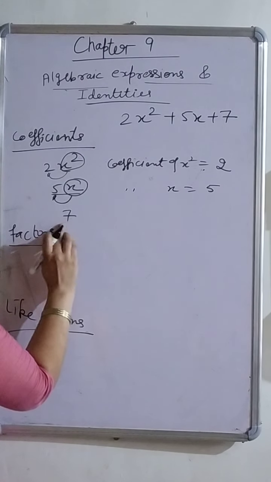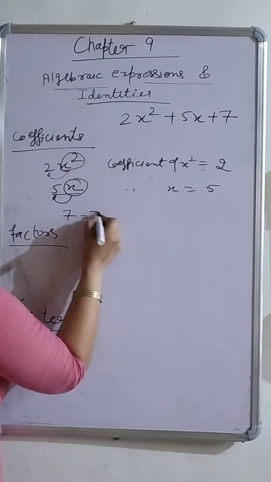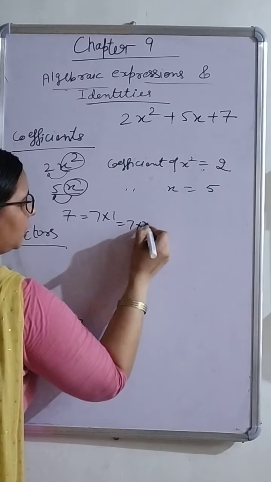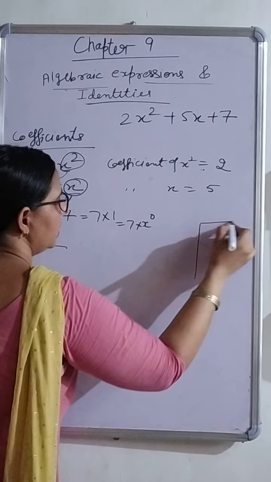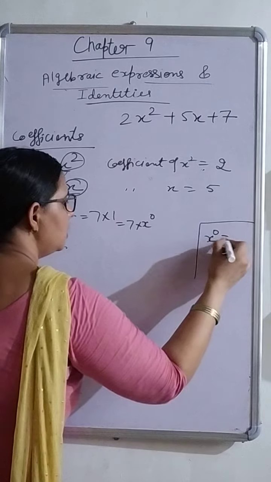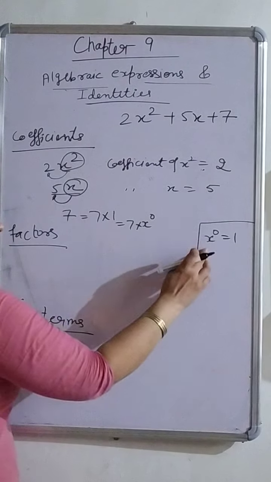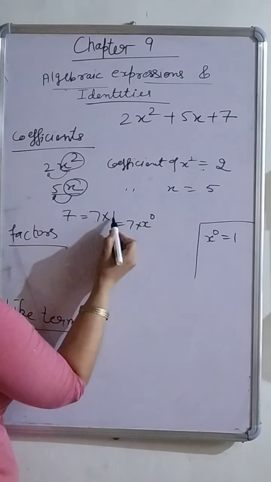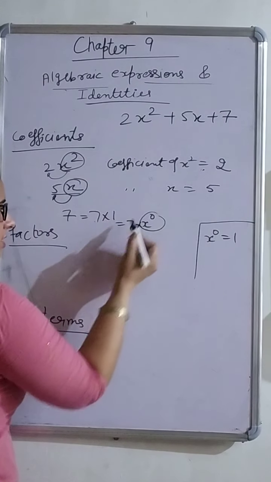And now, how can we write the coefficient of this term where no variable is given? Can you write this 7 as 7 into 1? And this 1 we can write as x raised to power 0. You studied in the chapter on exponents that any number with 0 power is 1 except 0: x raised to power 0, y raised to power 0, 2 raised to power 0. So we can write 7 as 7 into 1, and 1 as x raised to power 0. So what is the coefficient of x raised to power 0? 7.